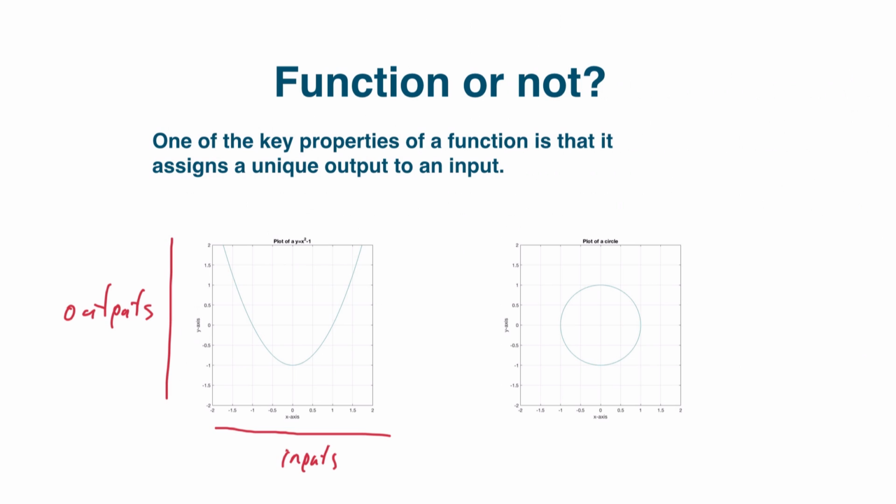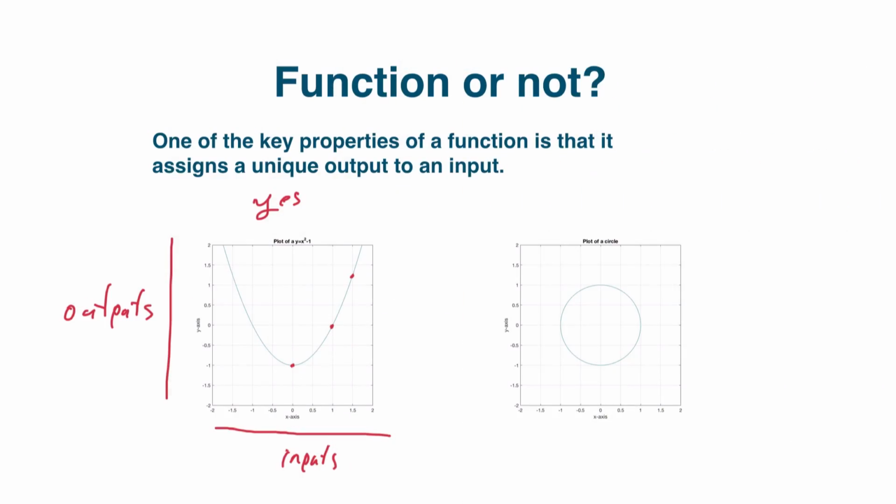So I take an input 0, it gets a unique output of 0. I take the input, I guess the output's minus 1. Take the input 1, get the unique output 0. Take the input 1.5, get the output something like 1.4. So it looks like yes. Each input gets a unique output.